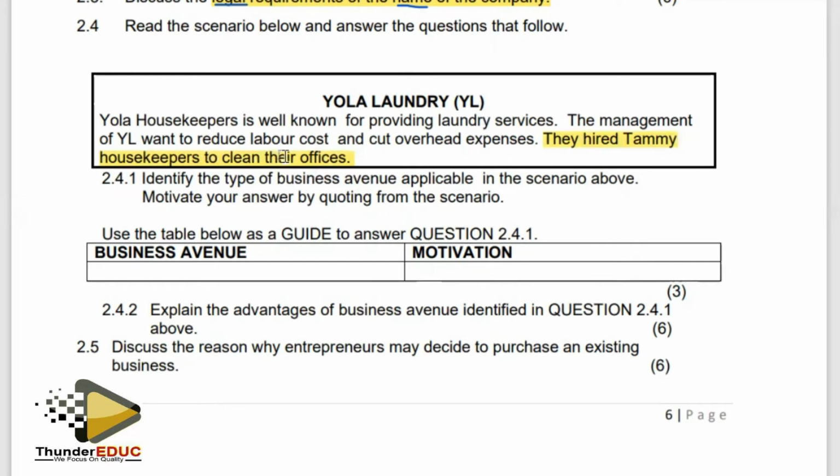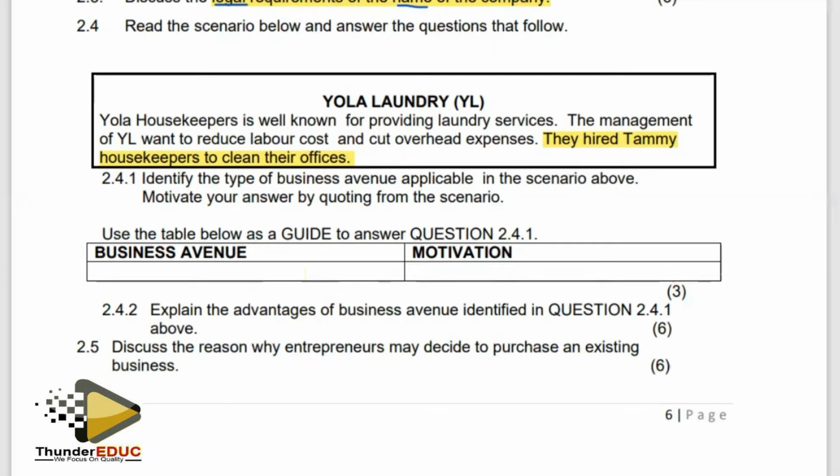Yola were housekeepers, but they are not good at cleaning offices, or maybe they were so busy and wanted to concentrate on other parts of housekeeping. So they hired another company called Tammy Housekeeping specifically to clean their offices. Identify the type of business venture applicable in this scenario and motivate your answer.